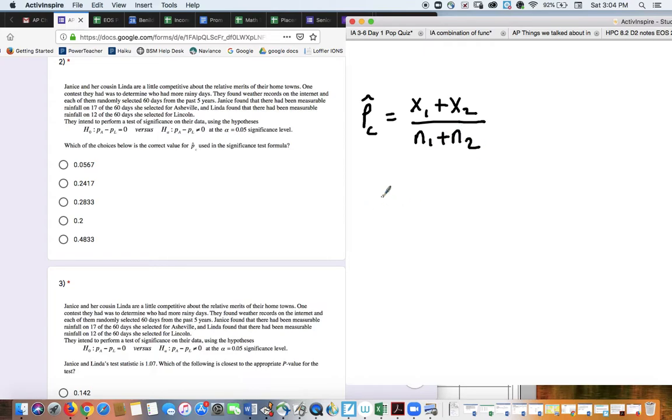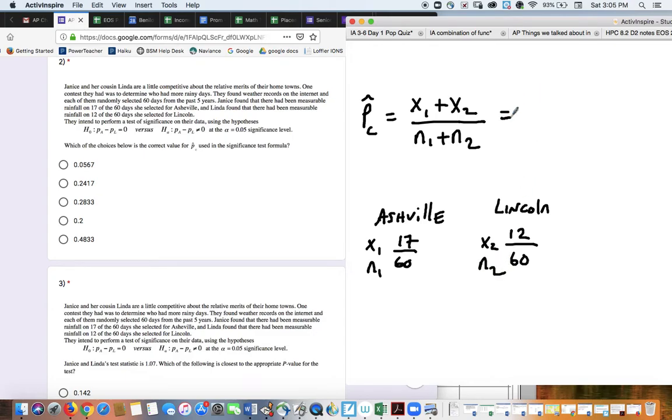We have two different proportions in this problem. We've got a proportion for Asheville, and for Asheville it said 17 out of the 60 days. And then for Lincoln, it said 12 out of the 60 days. So we can make this our x1, n1, this our x2, n2.